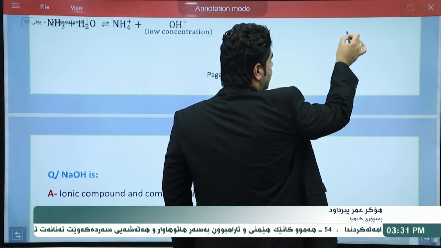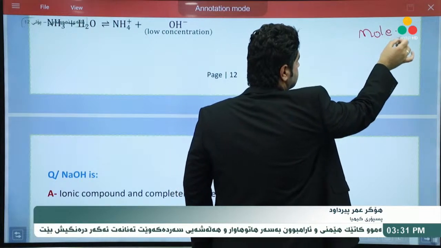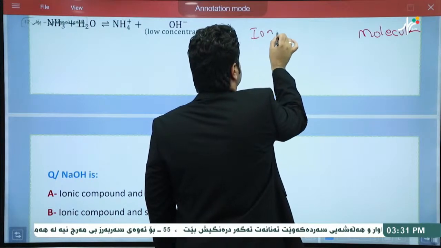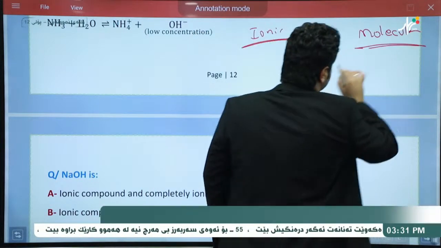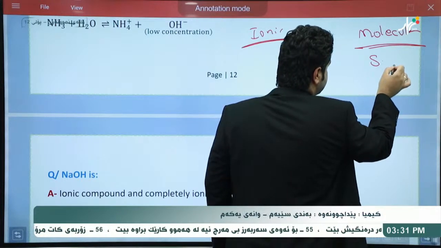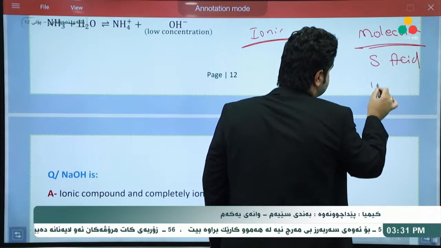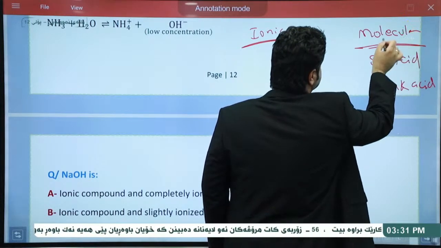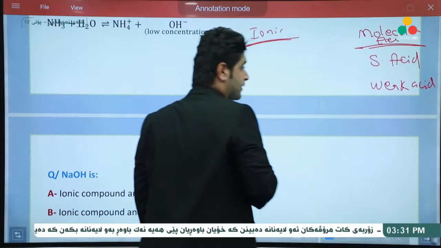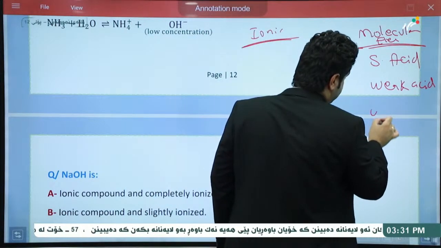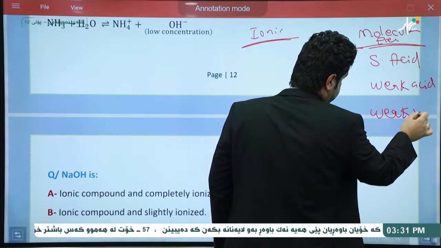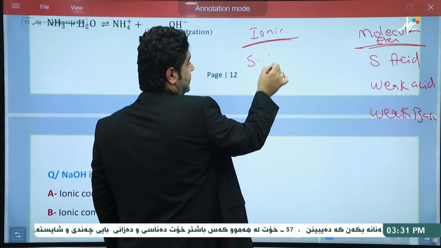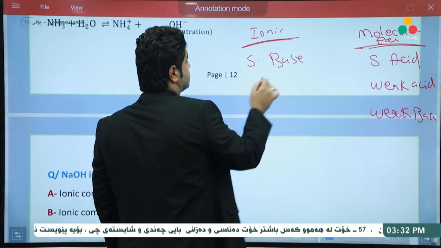About molecular compounds and ionic compounds. For molecular compounds, we have strong acid, weak acid, molecular electrolyte of course, weak acid and weak base. But for ionic compounds, we have strong base and salts.